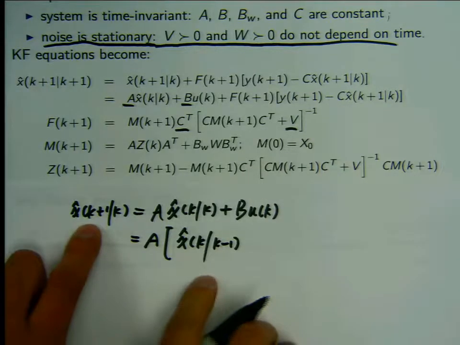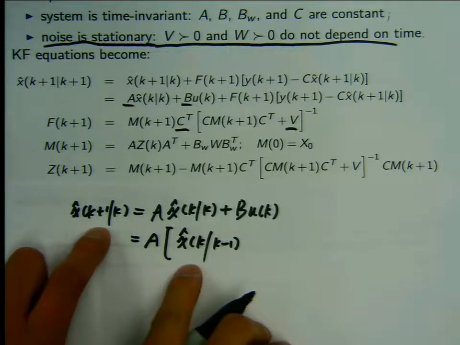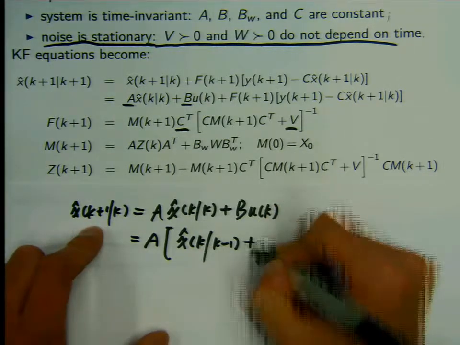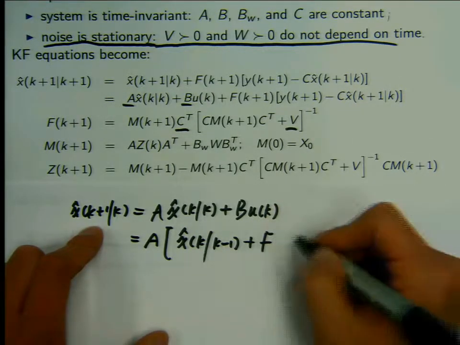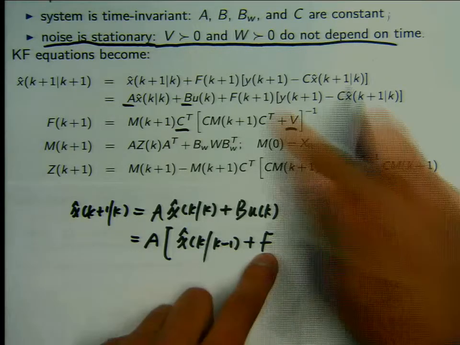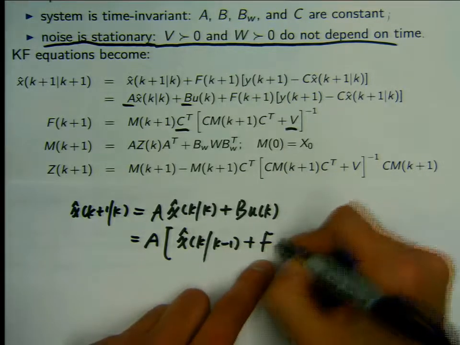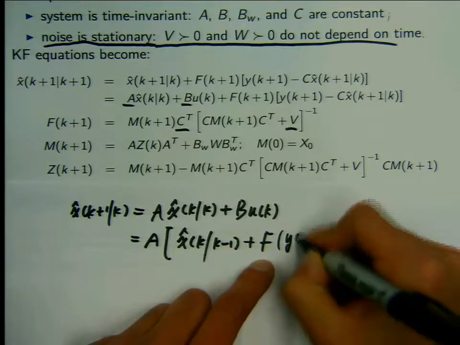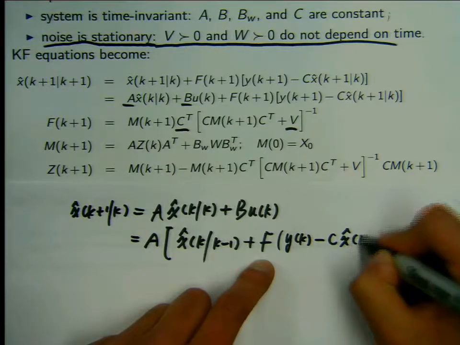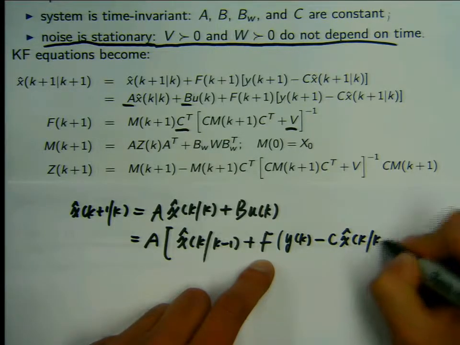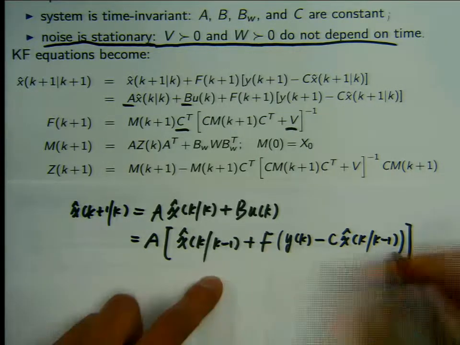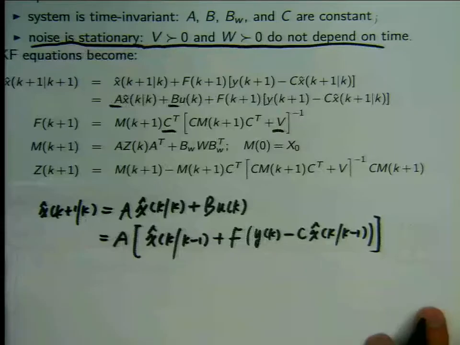So here I'm connecting the two state estimations at different time steps. Plus F, in this case, I'm going to omit the index for the F matrix. Then I'm going to get y k minus C x hat k given k minus 1, plus B u k.